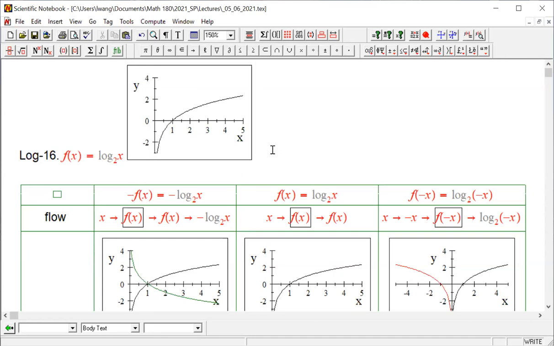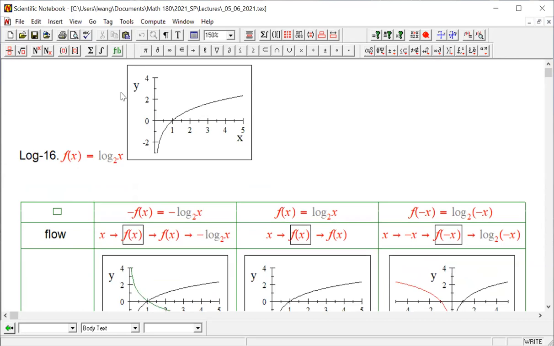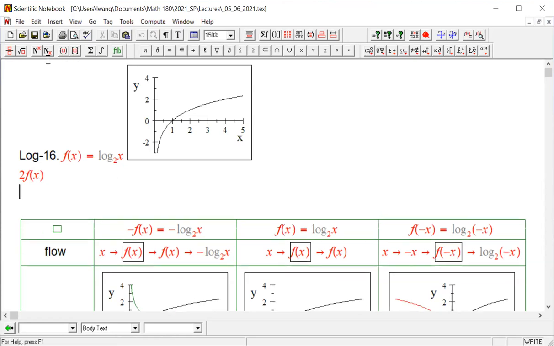This time we're going to look at the stretching. We cannot choose C equals 1 because it doesn't make any difference, so we choose C equals 2. So 2 times f of x, or f of 2x.